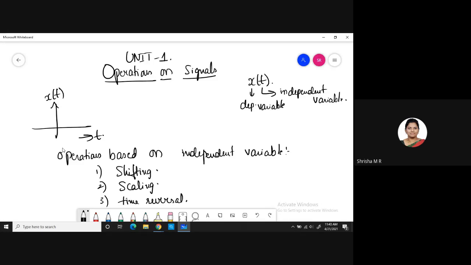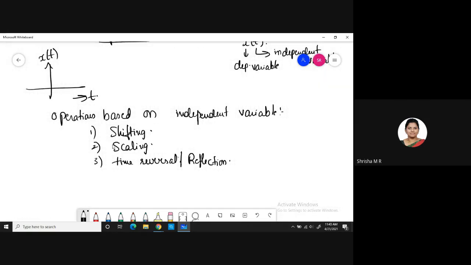We can call them time shifting, time scaling, and time reversal. Time reversal is also called reflection. So these operations can be performed on the independent variable: time shifting, time scaling, and time reversal or reflection.